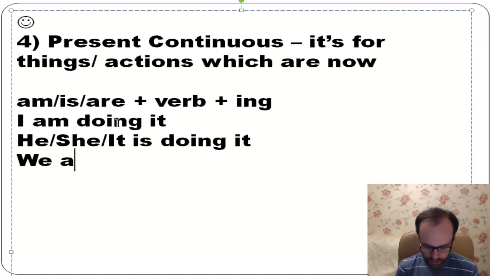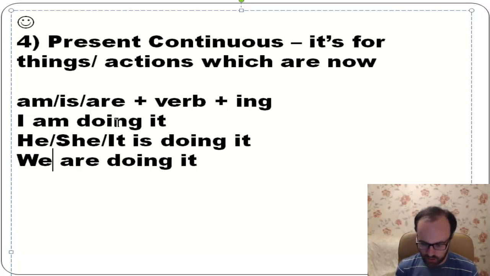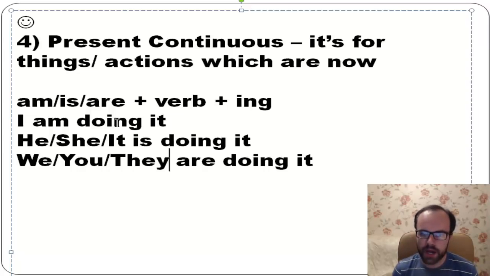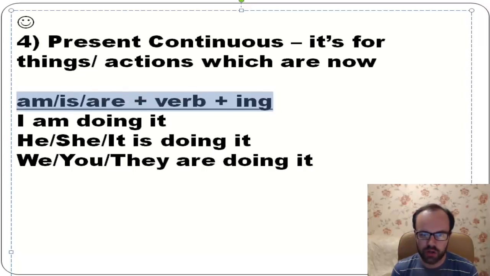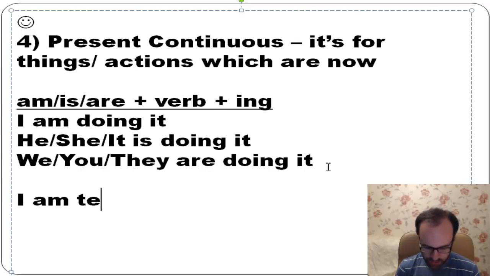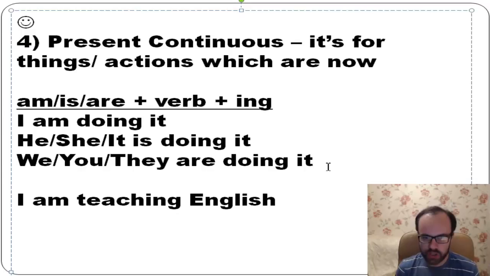We are doing it. You are doing it. They are doing it. So it's now. For example, I am teaching English now.